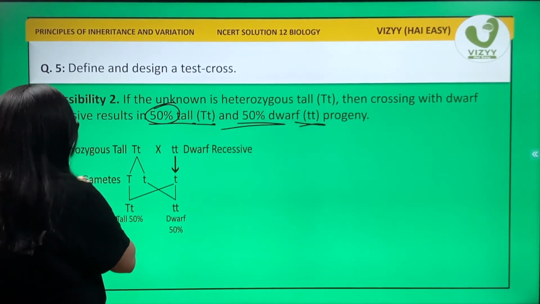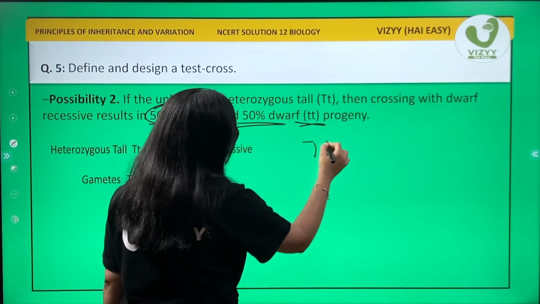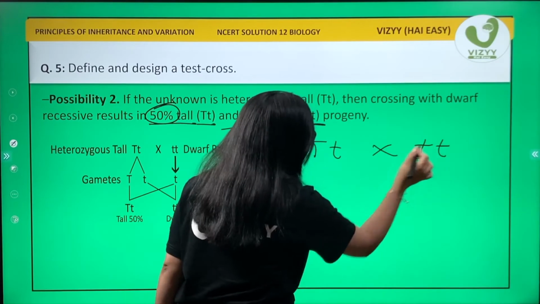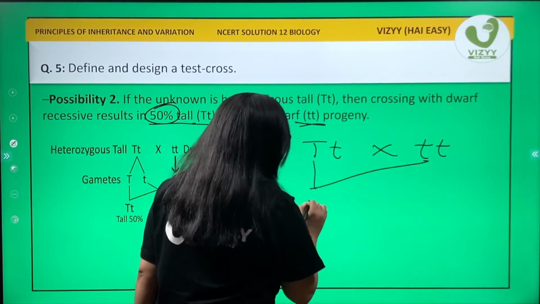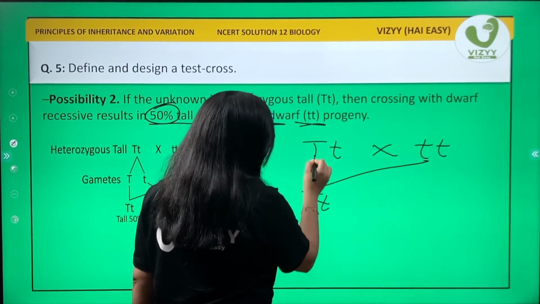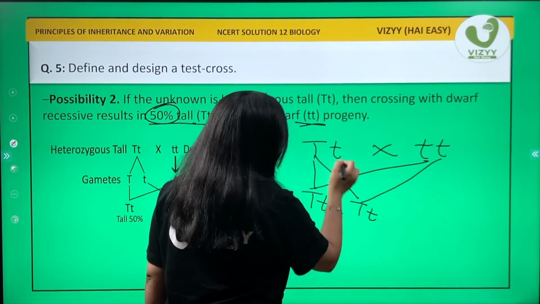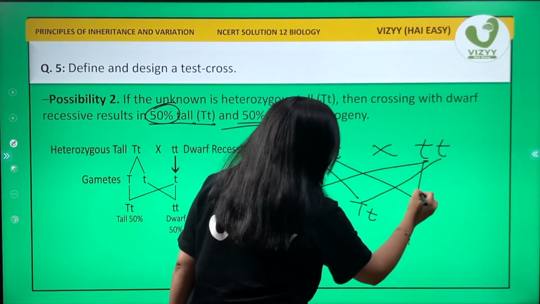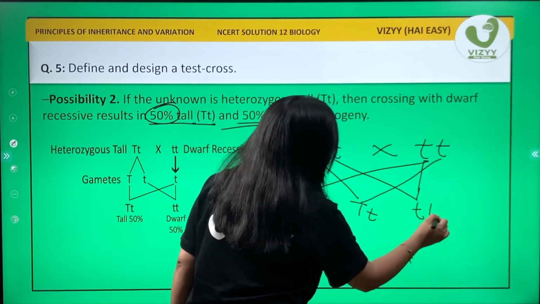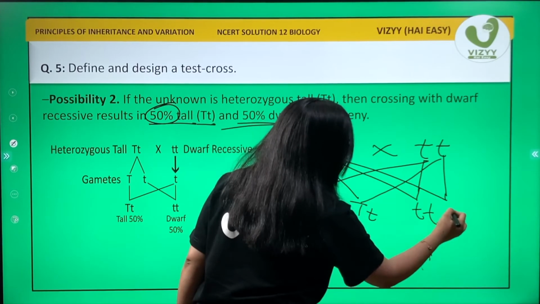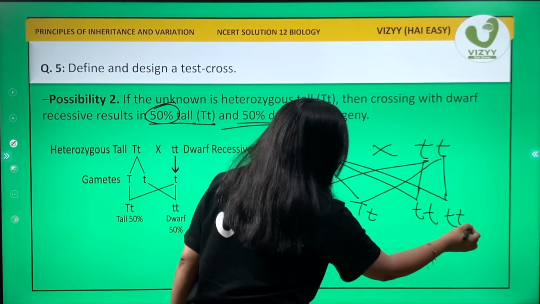How? When heterozygous tall is crossed with homozygous dwarf, we'll get heterozygous tall, again heterozygous tall, but we'll start getting what? Homozygous dwarf as well. Okay, students?